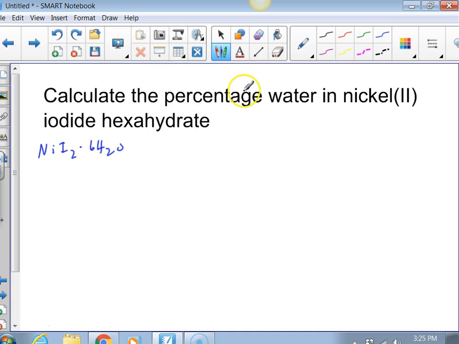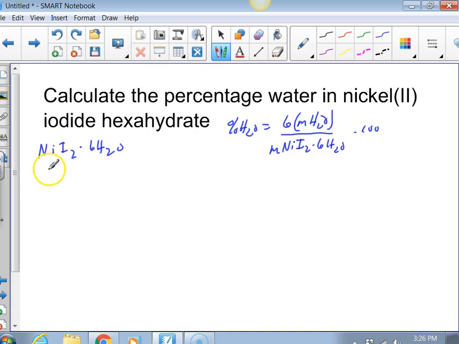So we want to know the percent water. That would be 6 times the mass of water divided by the mass of NiI2.6H2O times 100.